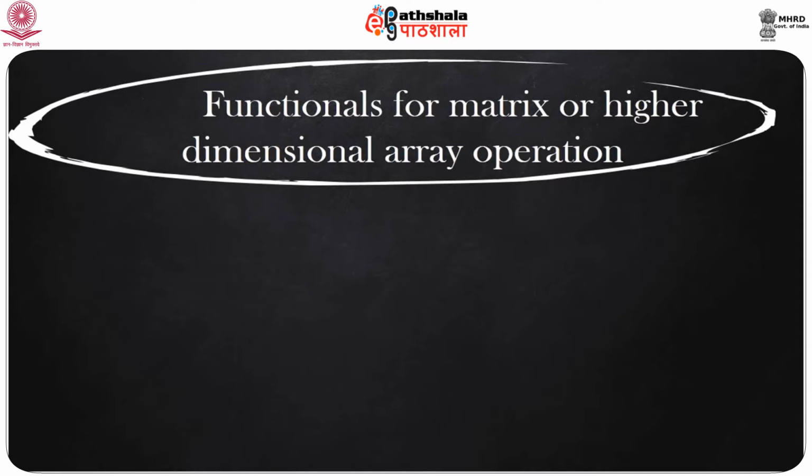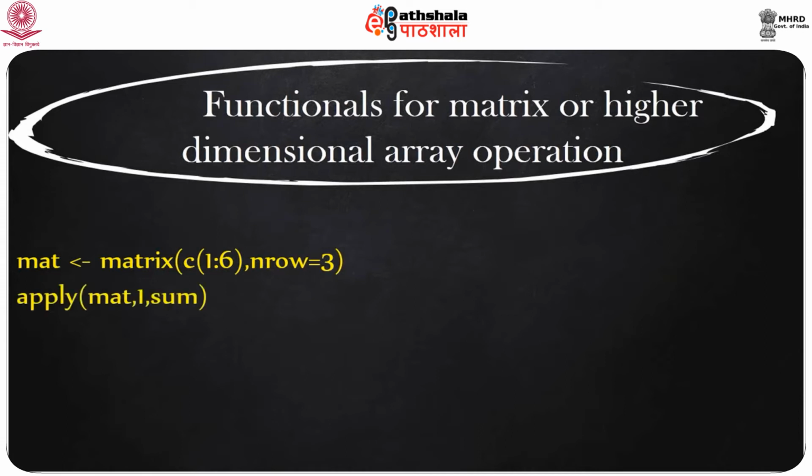So, let us demonstrate it with an example to have a clearer view. Consider a simple example. Let us construct a matrix with elements 1 to 6 having 3 rows and name it mat. Now, let us observe how the apply function deals with the arguments.